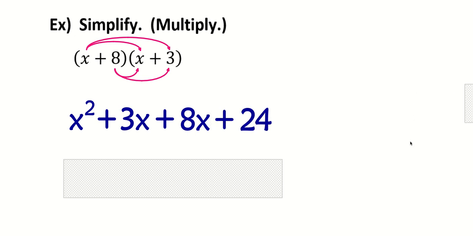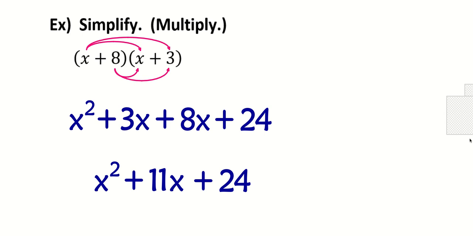Lasts, positive 24. And then these two middle terms combine to be 11x, positive 11x this time. Yeah, firsts, outers, inners, lasts, which is really just all the distributing. Distributing the x through, and then distributing the 8.